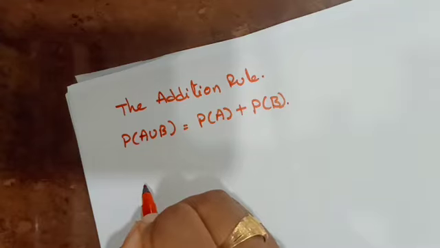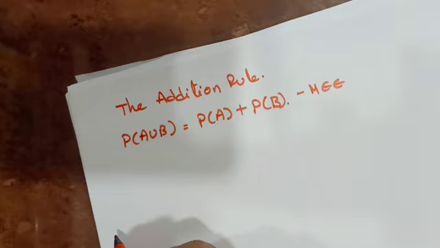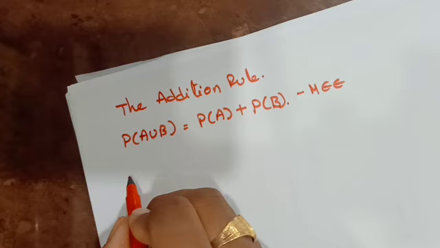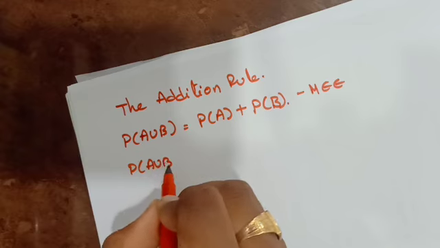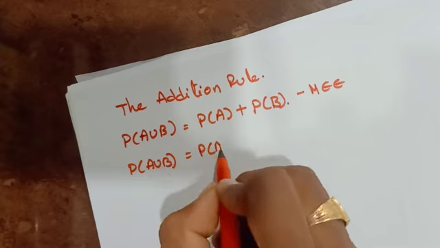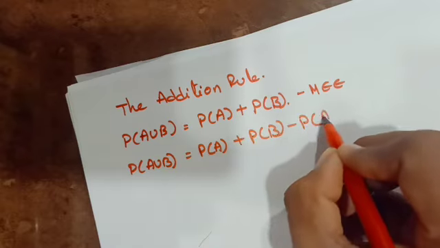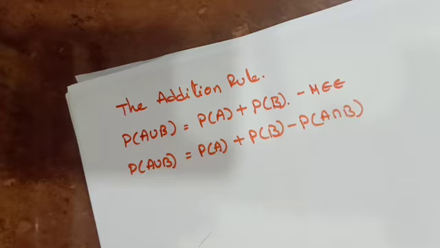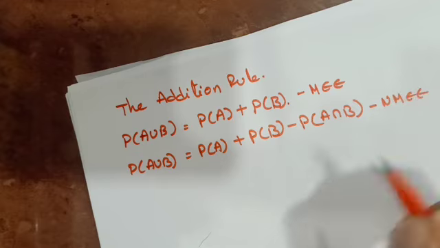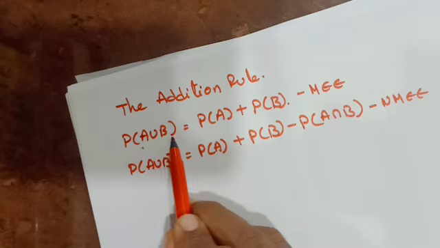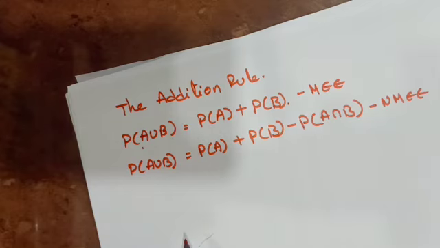This is for mutually exclusive events. In the case of non-mutually exclusive events, P(A union B) is equal to P(A) plus P(B) minus P(A intersection B). So these are mutually exclusive and non-mutually exclusive events under the addition theorem of probability.